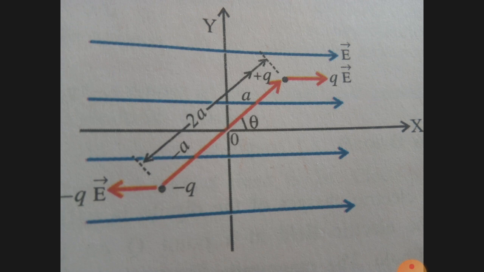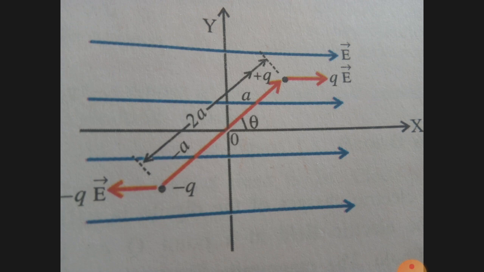And when the dipole gets aligned along the direction of electric field, that will be theta equal to 0 degree. Theta equal to 0 degree implies the torque becomes 0, tau will be equal to 0, and this is known as the normal position of the dipole.